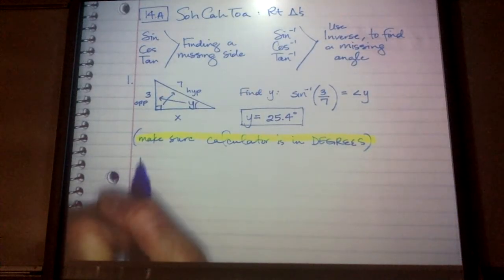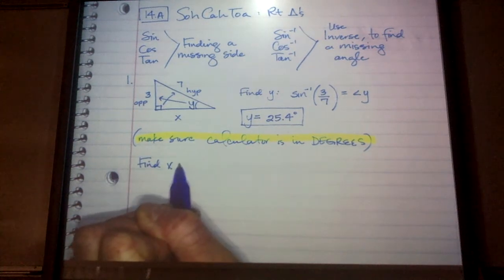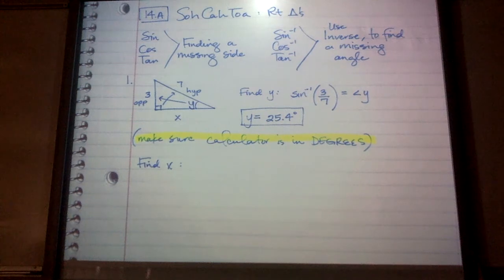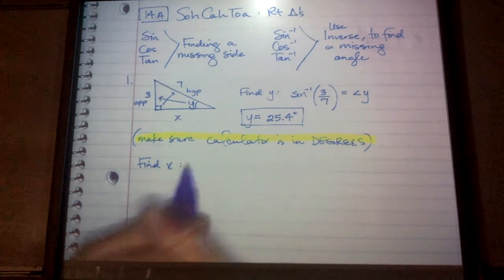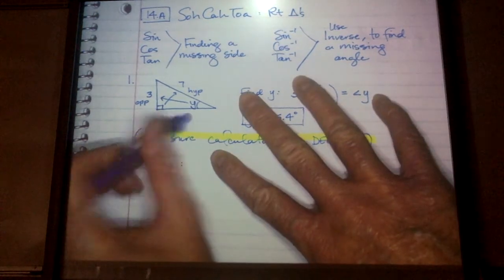Now let's find X. Now yes, I could use a squared plus b squared equals c squared, but for this purpose, I want us to find X using sine, cosine, tangent because it's just a review. So you know what? We'll do a separate problem.